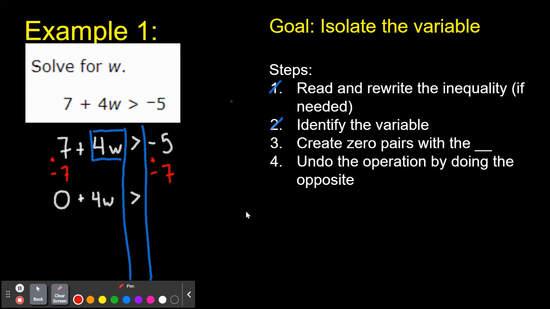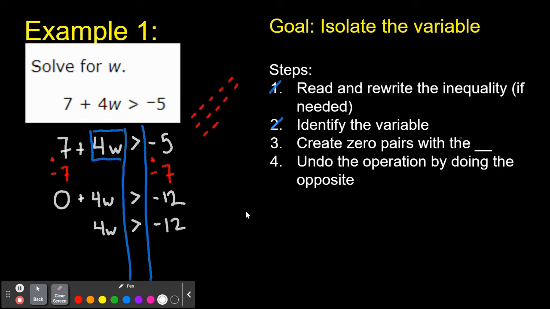When we're adding negatives plus negatives, that is 5 negatives plus 7 negatives. Negatives and negatives all like each other. They're not going to take each other out, so we end up with a bigger pile of negatives: 12 negatives. Now 0 plus 4w is 4w. So 4w is greater than -12.